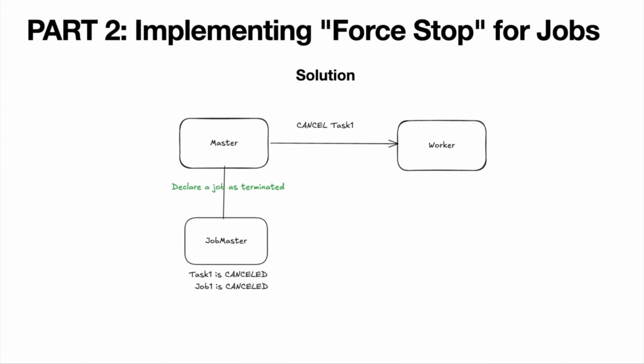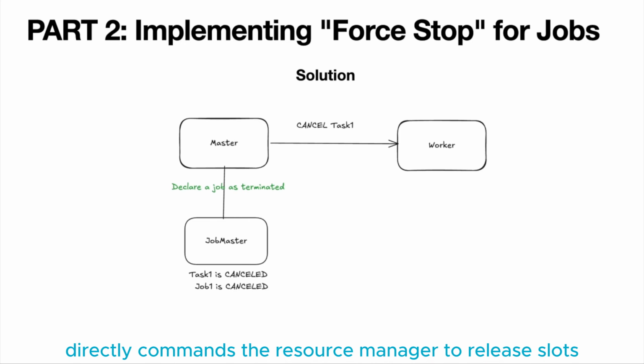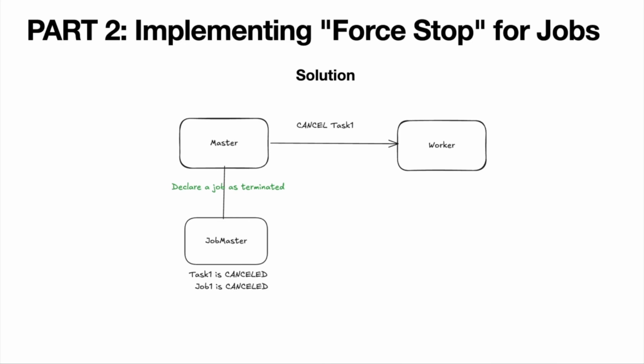Second, aggressive resource reclamation. The master directly commands the resource manager to release slots. We don't care if the worker is hung. We reclaim the resource first to keep the cluster healthy.